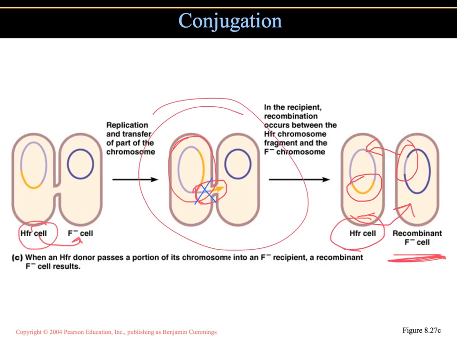It's recombinant because it has its original DNA, which you see here in the dark bluish, and then it has the lavender DNA, which came from the donor cell, the HFR cell. But it did not get this yellow portion, which is the F factor. It did not get it because the chromosome broke off before all of the DNA was transferred over.